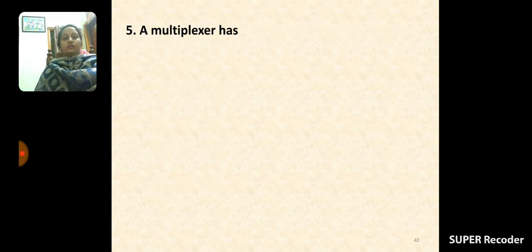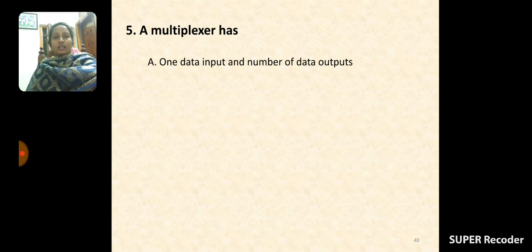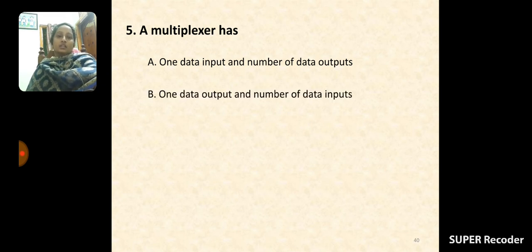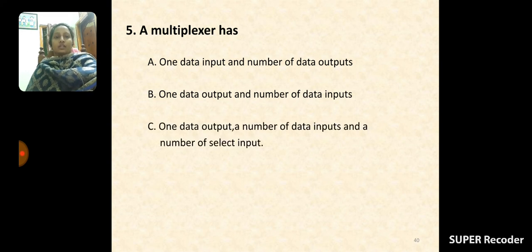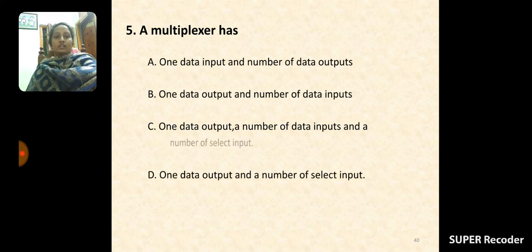See here, next multiple choice question: a multiplexer has one data input and a number of data outputs, one data output and number of data inputs, one data output, number of data inputs and number of selecting lines, one data output and number of selecting inputs.